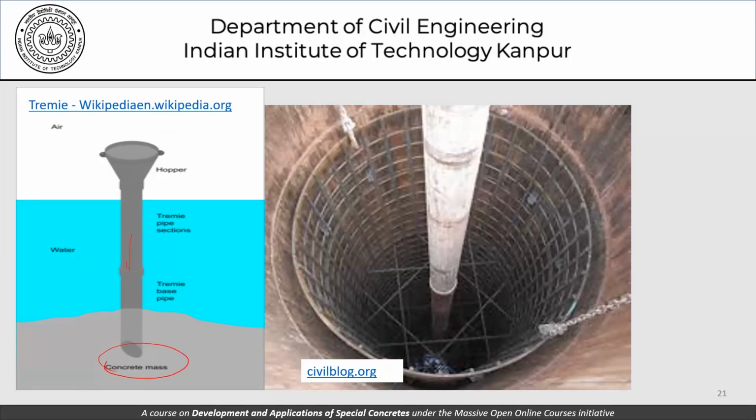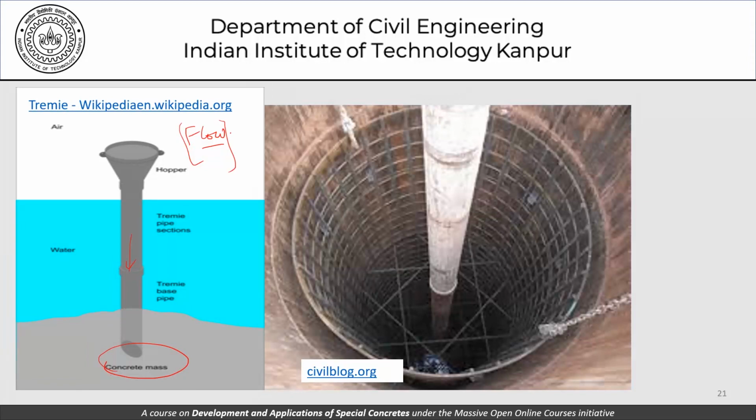So we'll talk about this Treme construction a little bit later, but today the discussion is focused only to highlight that this construction is not something which we had bargained for when we tried to do the normal mix design. So when we are trying to do the Treme kind of mix design, we can say that, okay, as far as the flowability is concerned, as far as the workability is concerned, this is what we want because this is how we want to place the concrete.